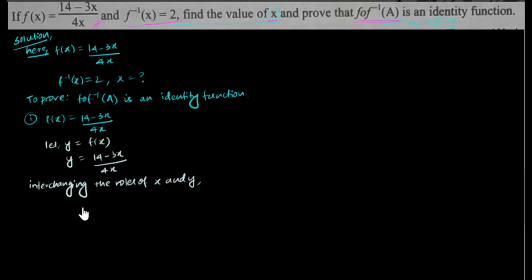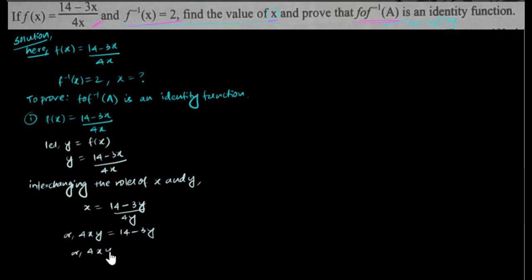What do we get here? x equals (14 minus 3y) divided by 4y. Now let me cross multiply it. It will be 4xy equals 14 minus 3y.